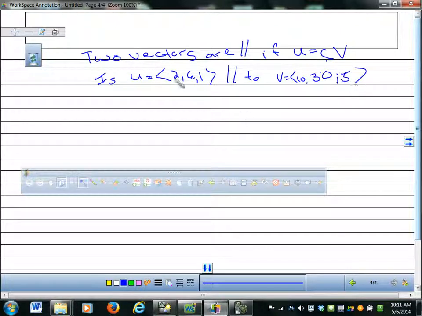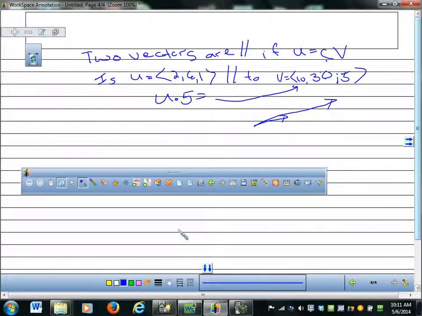The answer is yes. Why? Because the constant is 5. If I take u and multiply it times 5, I get this vector over here. So 5 times that gives you 10, 5 times that. In other words, they're both going the same direction, and one is just 5 times as long as the other. Okay, so that's that.